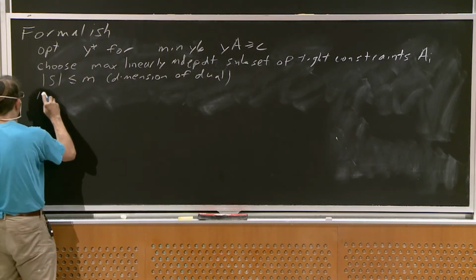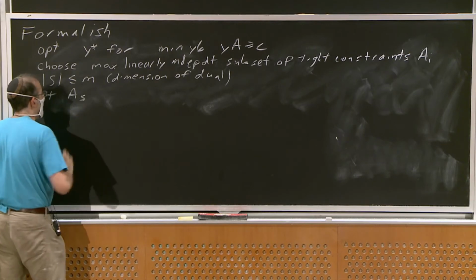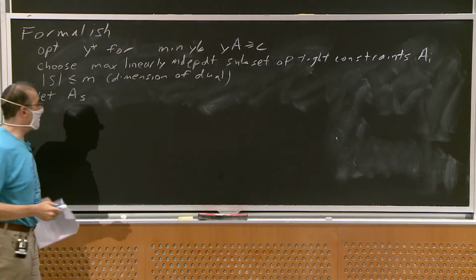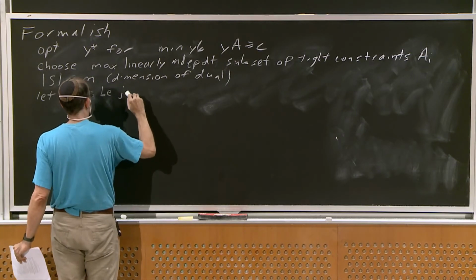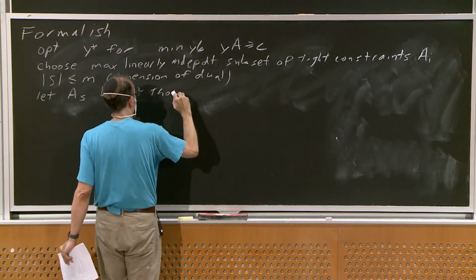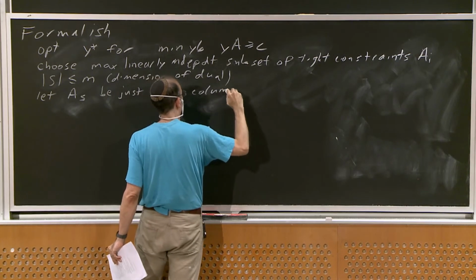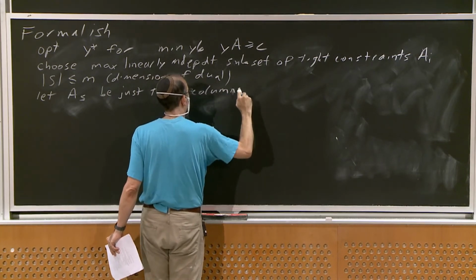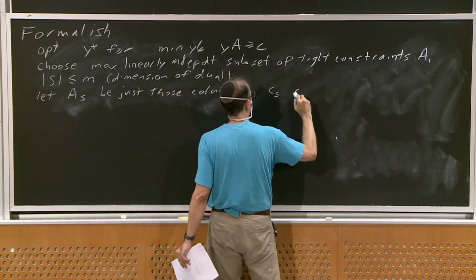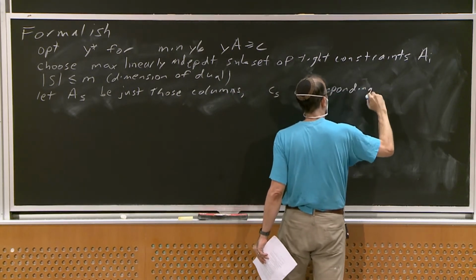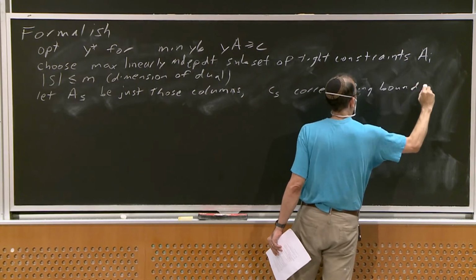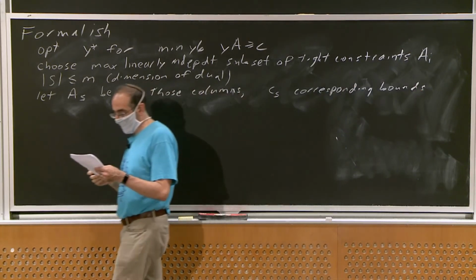And now I'm going to let A sub S be just those columns. And I'm going to let c sub S be the corresponding bounds of those constraints.